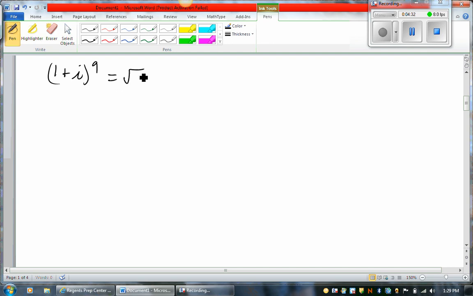We used it a couple times, and it was radical 2 cosine of 45 degrees plus i times the sine of 45 degrees, and we're going to be raising this number to the 9th power.